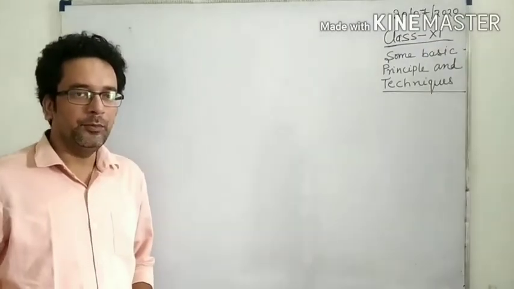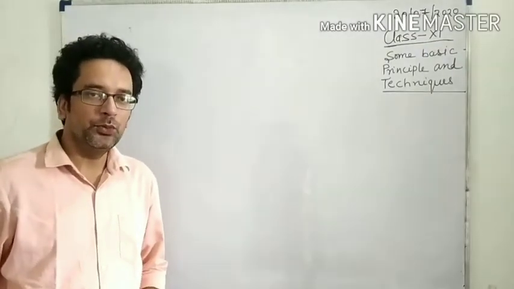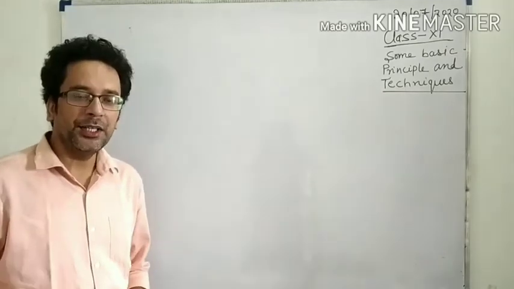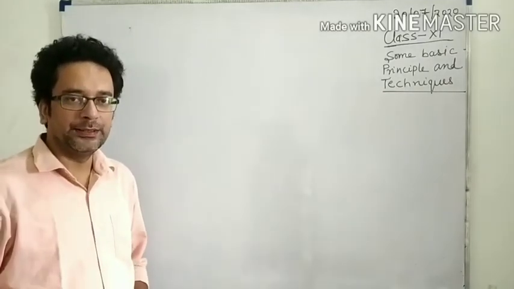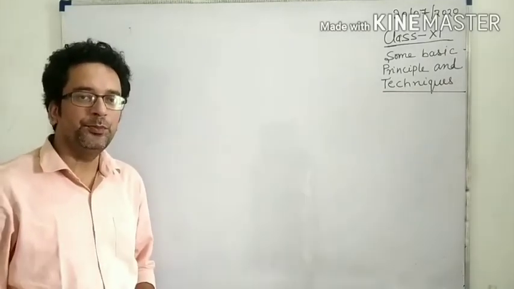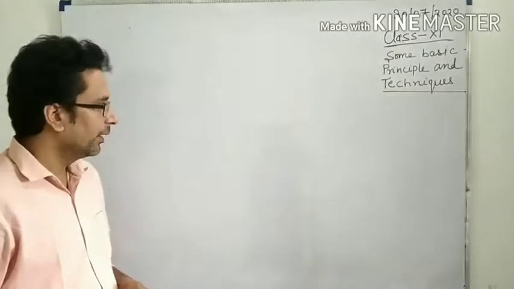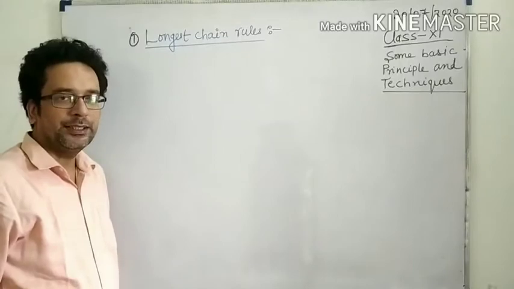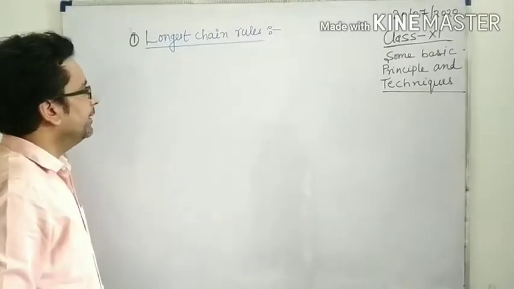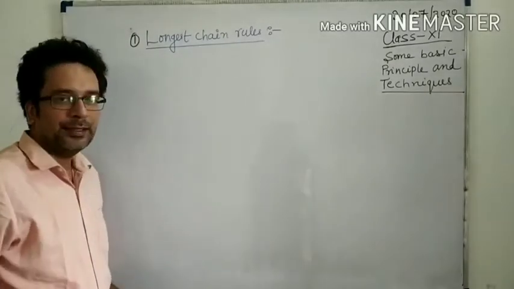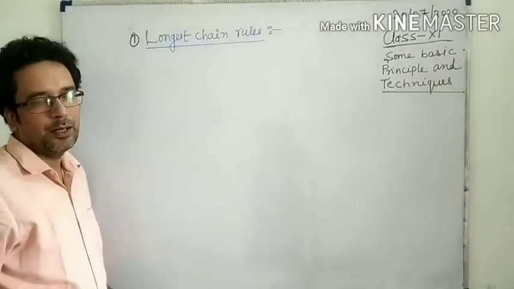Next I am going to discuss the general rules for the naming of organic compounds according to IUPAC, in which the first point is the longest chain rule. Simply, in this category, first we select the longest chain of carbon.